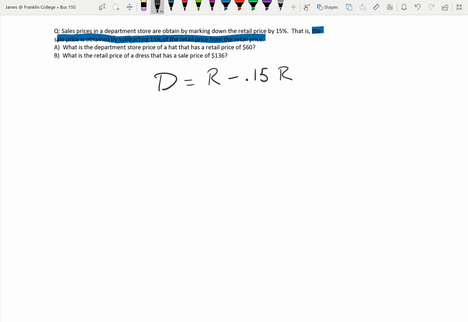So now that we've got this nifty little equation, we can then deal with that first question. A, what is the department store price of a hat that has a retail price of $60?